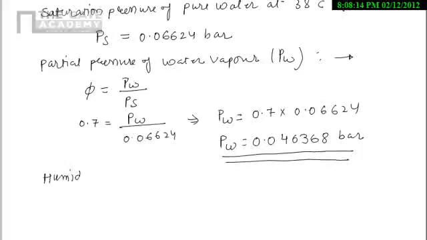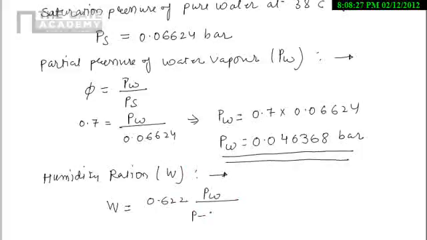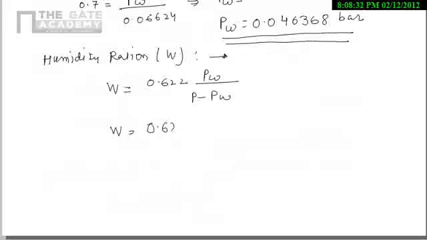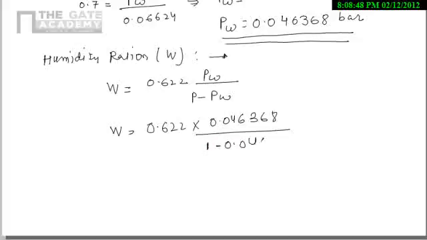Now the humidity ratio. We will calculate the humidity ratio, denoted by W. So W will be 0.622 Pw divided by P minus Pw. So W equals 0.622 times Pw, 0.04638, and the pressure P, that is atmospheric pressure, is given as 1 bar, minus 0.04638.